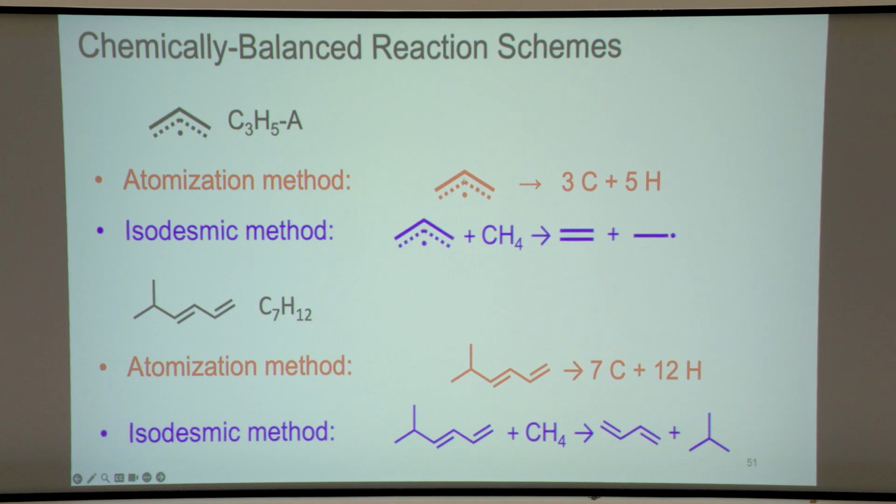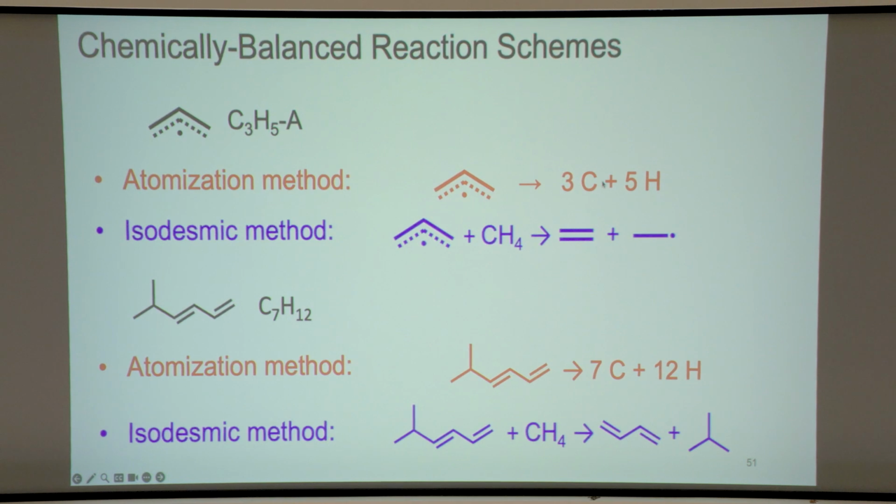So in the atomization method, say we want to calculate the energy of this molecule, C3H5. It's a radical, called the allyl radical. There's a double bond here, but it's resonantly stabilized, and then there's a radical in the middle. If we break this resonantly stabilized radical apart into its elements, it's 3 carbons and 5 hydrogens, and the heat of formation of this molecule is the heat of reaction.